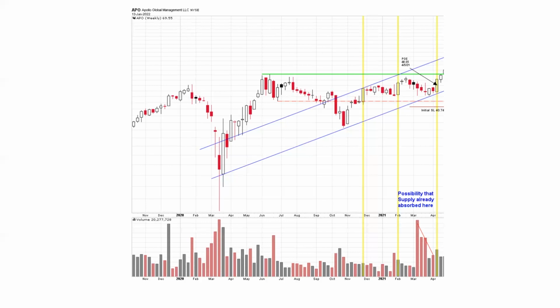Notice the volume. Notice how much buying and selling is happening between about March of 2020 and all the way into probably the middle to late part of June of 2020. And then look what happens.